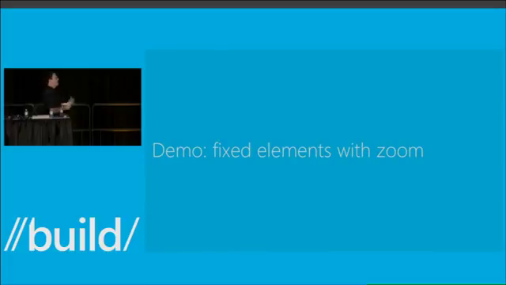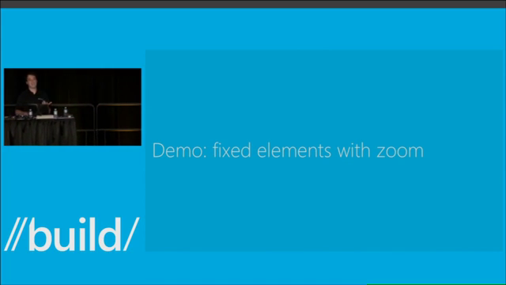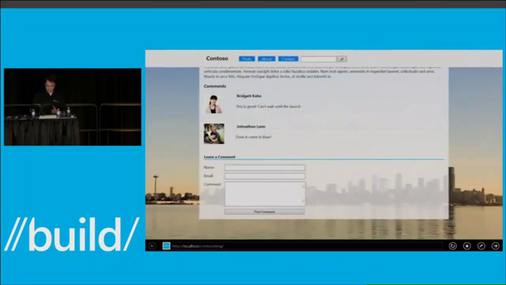Another important layout consideration with new devices is how fixed elements behave under zoom. So zoom wasn't commonplace really until touch came around, and it has some interesting behavior with respect to fixed position elements. So I'm going to start out to demonstrate that by actually showing a different site.